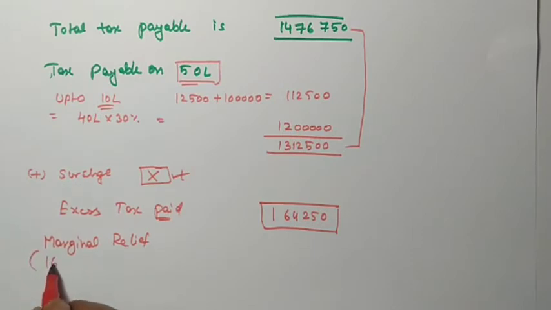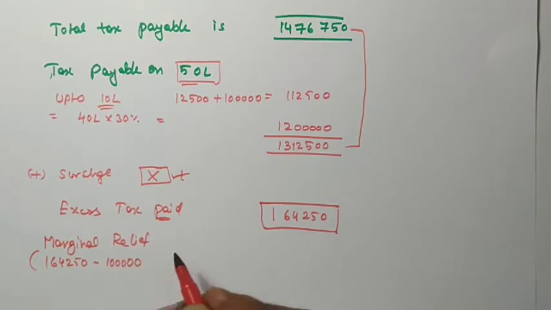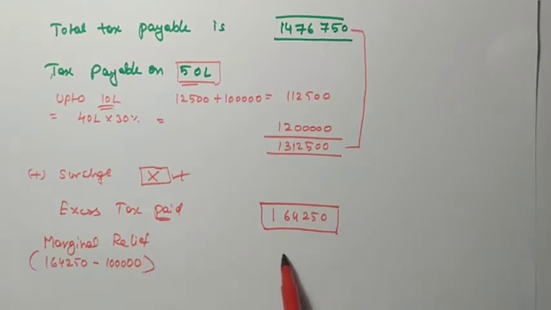One lakh 64,250 minus 1 lakh, being the amount of income in excess of 50 lakh. What we will have, 64,250.